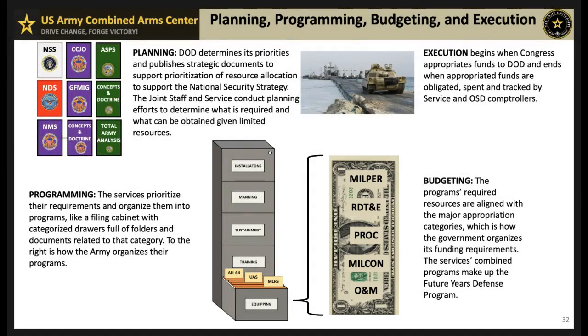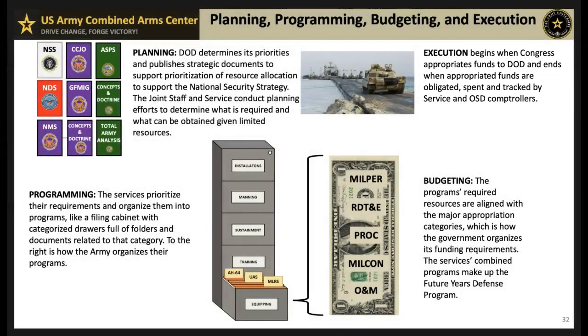These combined programs form the Future Years Defense Program, sometimes called the FYDP. Execution. Execution begins when Congress appropriates funds to DoD and continues as these funds are obligated, spent, and tracked by service and OSD comptrollers, ensuring accountability and effective use of resources.